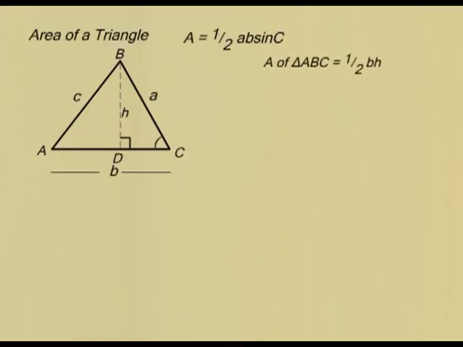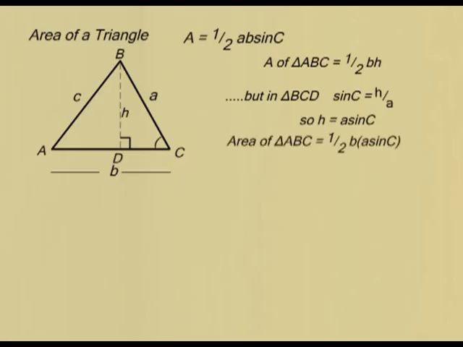But then, in triangle BCD, sine C is equal to h over a, where a is the length of BC. This means that h is equal to a sine C. Substituting h in the formula area is equal to a half base times height will give us area is equal to a half b into a sine C, or simply area is equal to a half ab sine C.